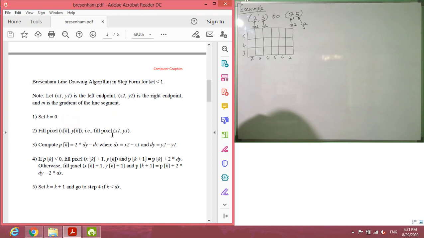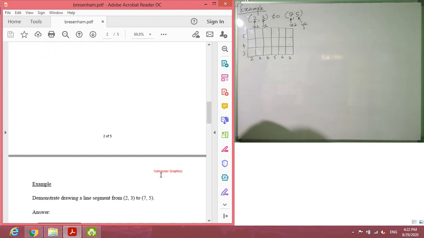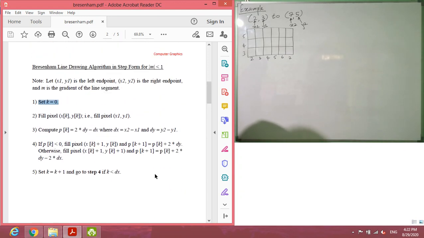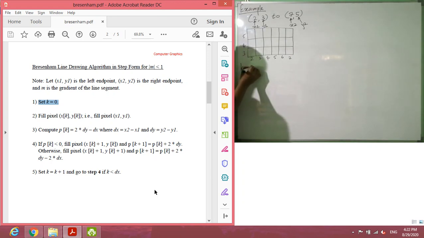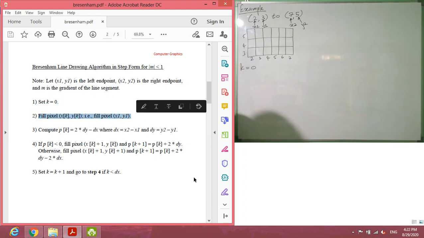Now as the first step, you have to set k to 0. Then we move to the second step.